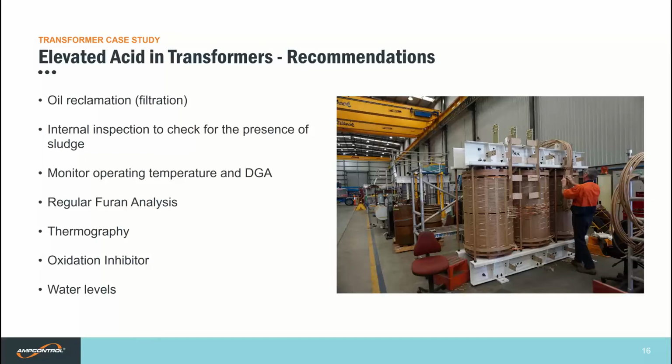Look for overheating because sludge deposition can impede heat conduction from the windings. Do regular furan analysis to evaluate the effect of acid on the condition of the paper. Check any thermography data to identify possible blockages of cooling areas due to the presence of sludge. Do regular oxidation inhibitor testing to evaluate current levels.